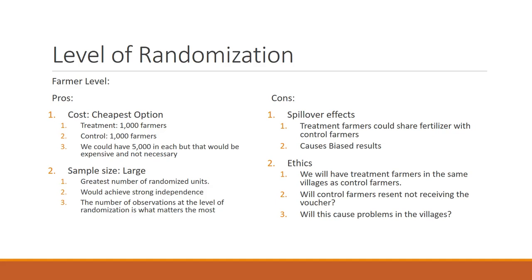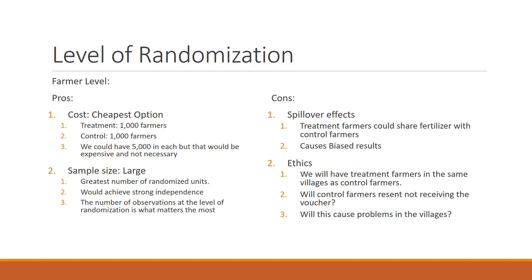Randomly assign 1,000 to the treatment, 1,000 to the control, and all of a sudden you're saving a lot of money. Because you don't need to buy fertilizer for 5,000 farmers, you only need to buy fertilizer for 1,000 farmers. 2,000 farmers is a plenty big sample size for an RCT. You don't need to use all 10,000. So those are the advantages of farmer level.